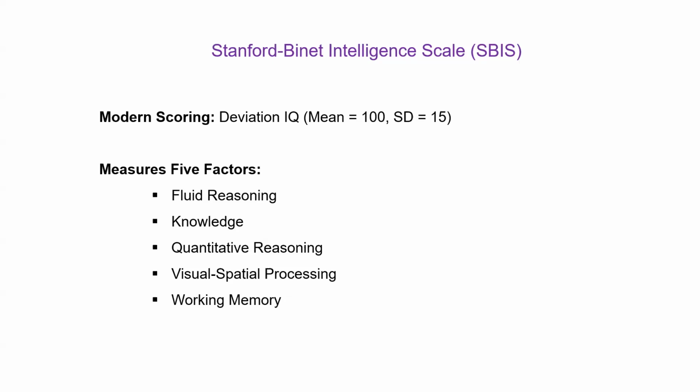The other is quantitative reasoning, with numbers, and visual spatial processing, and working memory power, how much memory power he has. How much can he visualize and imagine? We have to imagine and visualize a lot of things we can't see.